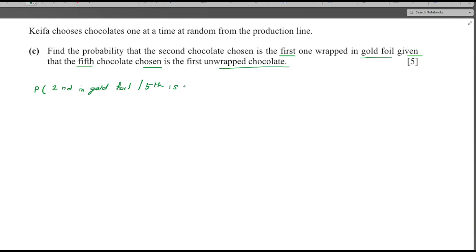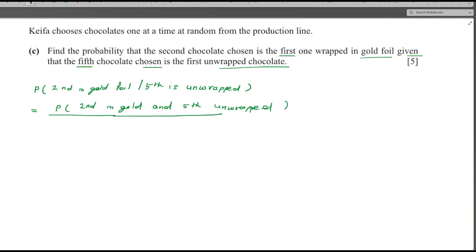Okay, now this conditional probability we generally find as the probability of the intersection of these two, that is the probability of second in gold and fifth unwrapped, divided by the probability that fifth is unwrapped.